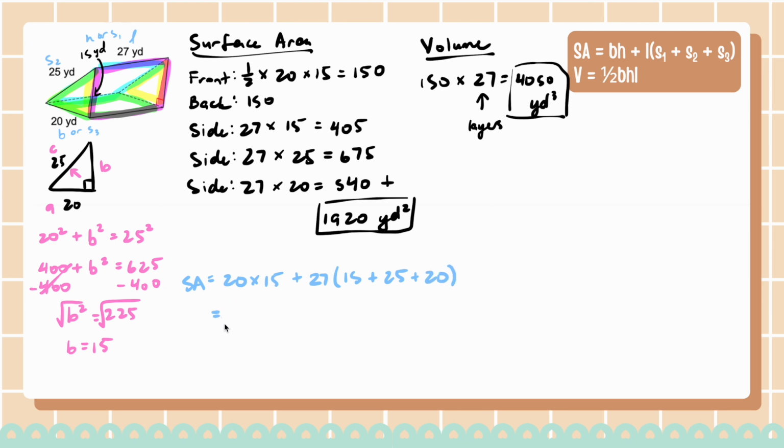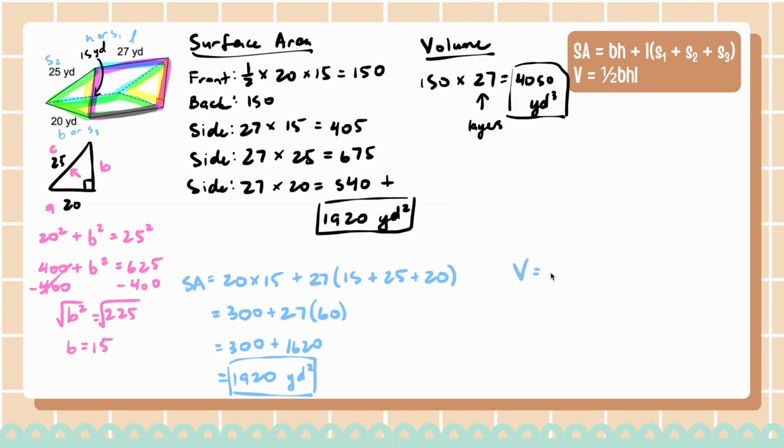So 20 times 15 gets me a total of 300, plus 27 is going to remain the same. If I add all of these together, that gets me a total of 60. All right, then that gets me 300 plus 27 times 60 is 1620. And if I add these together, that gets me a total of 1,920 yards squared. And that's my final surface area.